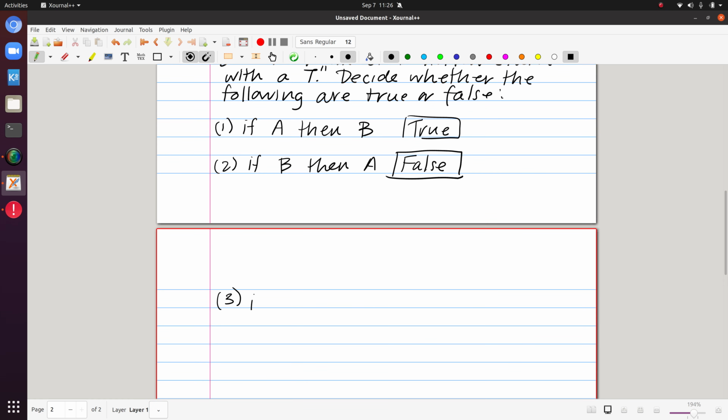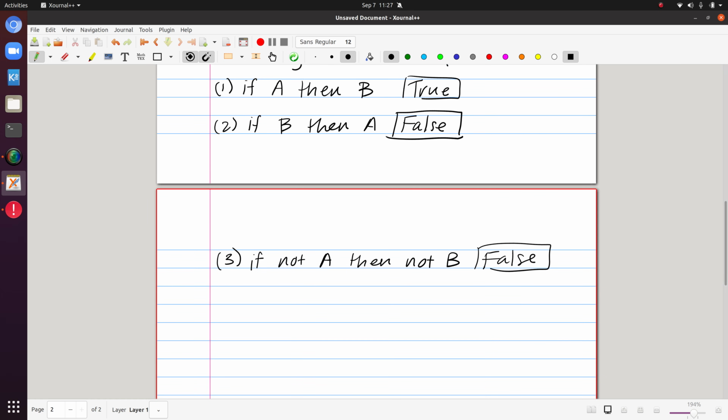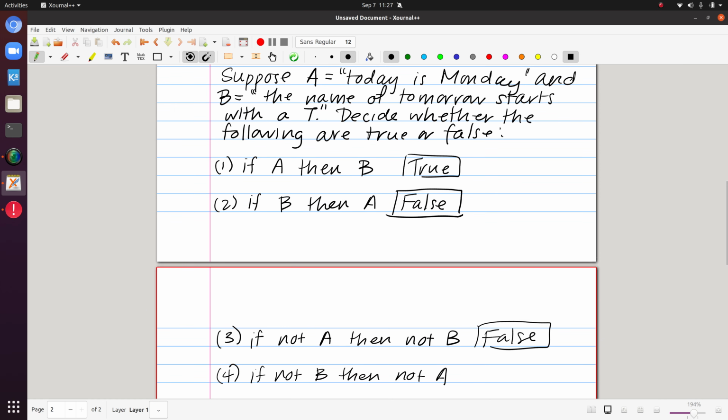Then I could say, if not A, then not B. So this is the statement, if today is not Monday, then tomorrow does not start with a T. And again, that too is false because today could be Wednesday. And then finally, the fourth statement, if not B, then not A. And that says, if the name of tomorrow does not start with a T, then today is not Monday.